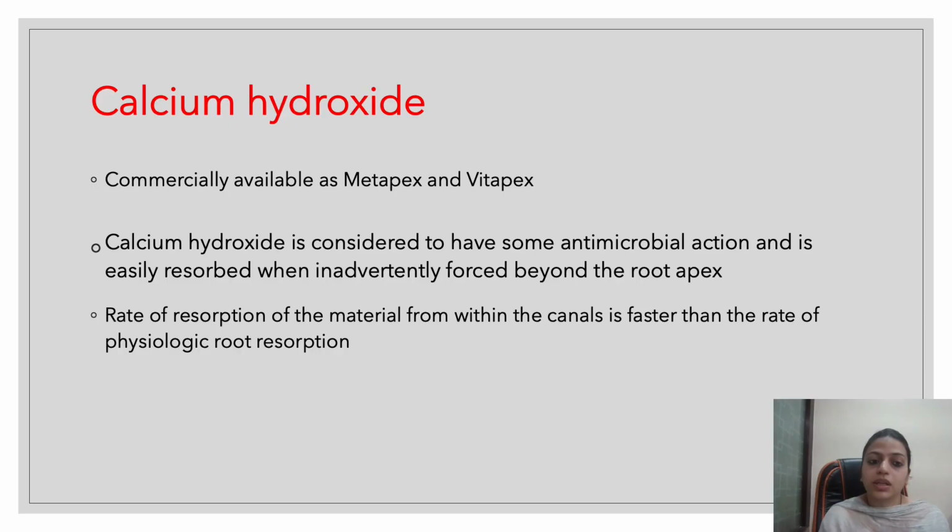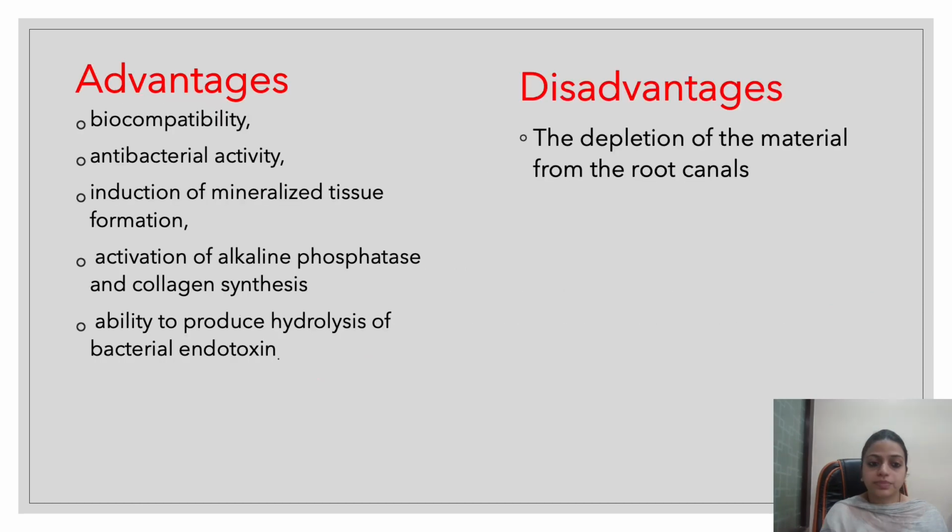But the rate of resorption in the canals is also quite faster compared to the rate of physiologic root resorption. So sometimes it causes a hollow tube effect. That is also asked in one of the questions. Okay, alkaline property of the material counteracts the inflammatory process, so it has a very good antimicrobial action.